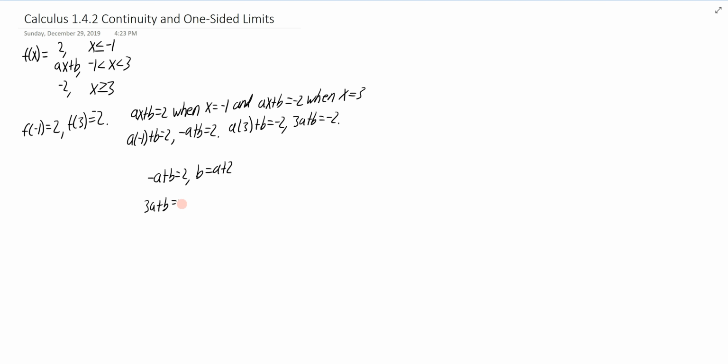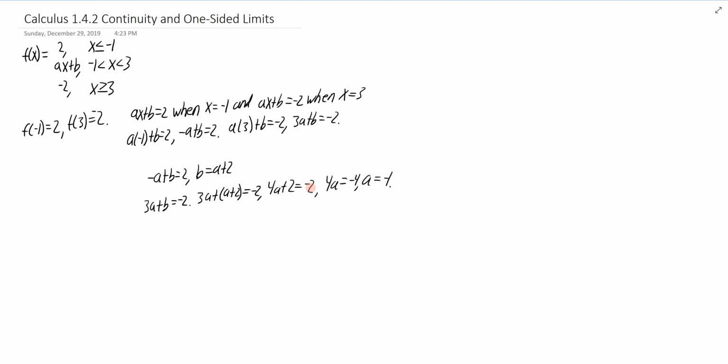So with substitution, we say 3a plus a plus 2 is equal to -2. And this results in us getting 4a plus 2 is equal to -2. And then we get 4a equals -4, and a equals -1. So there we go. We just simply did some substitution.